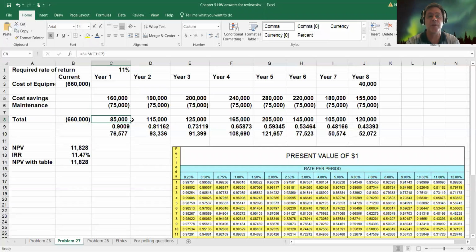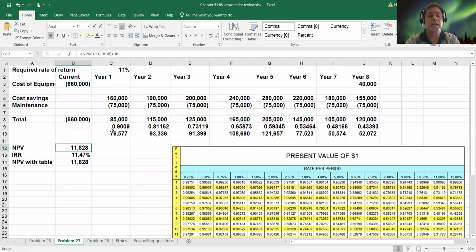We got our cash flows by taking the amount of cost savings minus our maintenance here in this row. The factors I put here, again, if you didn't do that, don't worry about it. That's just to illustrate, because it kind of pushed you to not do it that way, to use the NPV formula.